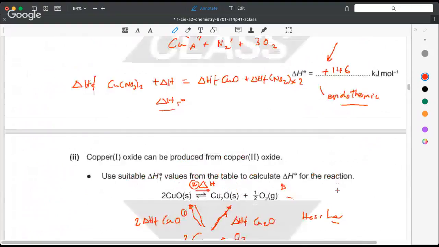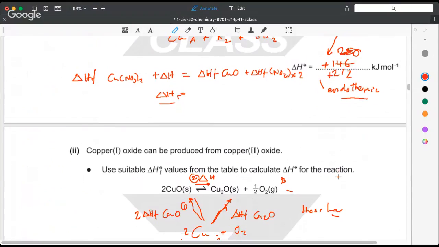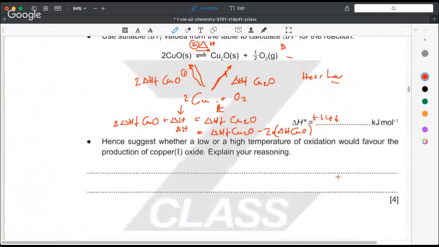And that one, my mistake, you work that one out as still endothermic, 212 kilojoules per mole. Same for this one. Okay, so good. We've got 2 endothermic values there.